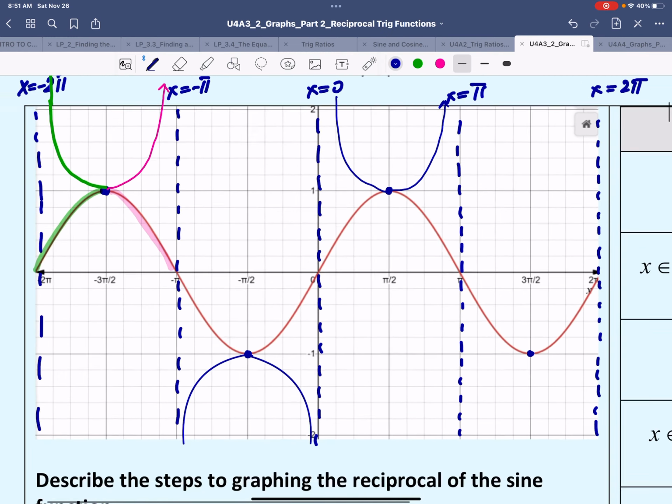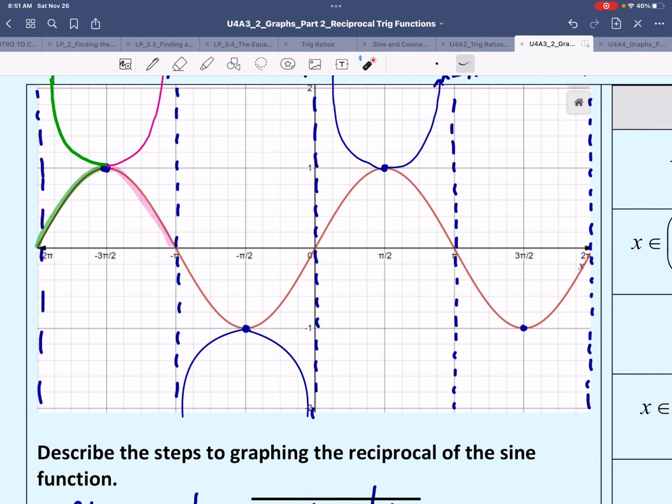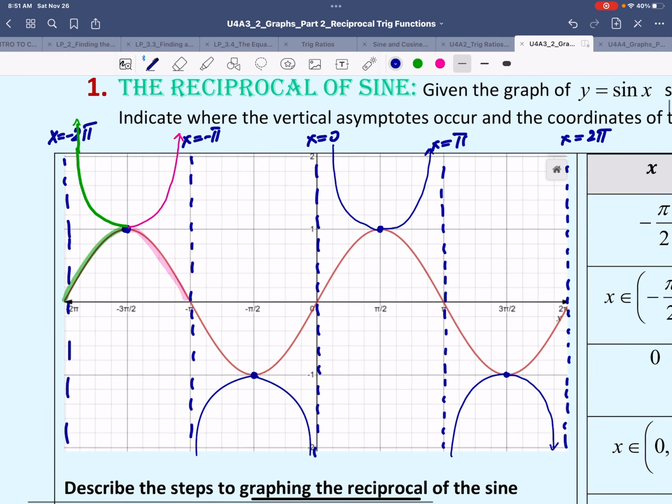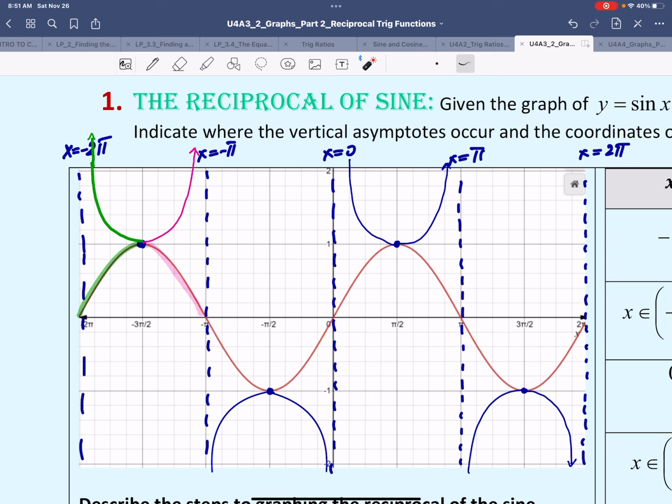And one last section of the graph. So we have a decreasing sine, which means increasing reciprocal. And again, increasing sine, a decreasing reciprocal.